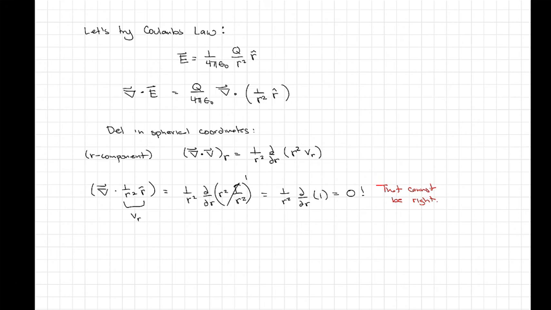And I pretty much told you it was where flux is created, right? And we know that electric flux is created right at a point charge. So there's a problem here. There's a math problem, and we need to solve it. What is the source of the problem?